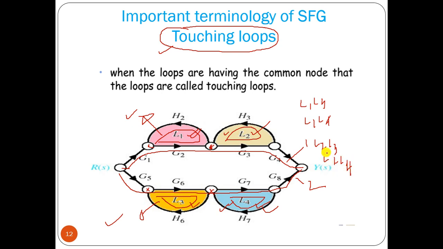So 4 pairs of non-touching loops are there in this particular signal flow graph. What is the use of that? I will tell you later when I discuss Mason's gain formula.